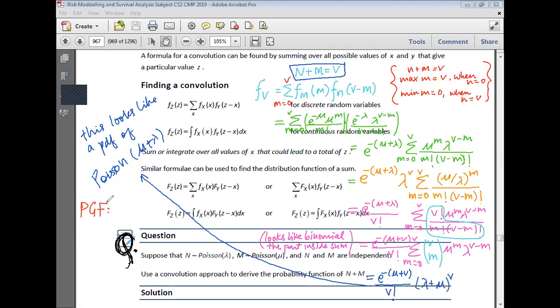You have MGF, PGF, and CGF, right? So the PGF is defined as the expectation of t raised to x. So here x is the random variable that you take into consideration. And it will just be the expectation of t raised to x. Does this make some sense? Yes, ma'am. Thank you.